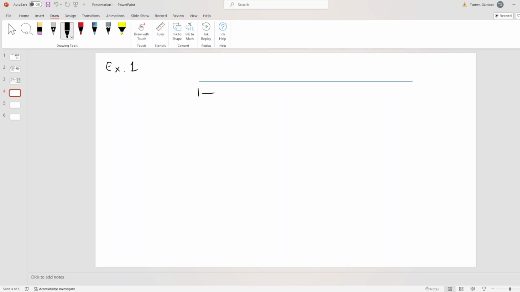And let's say we've measured this to be 47.2 centimeters. And I want to convert 47.2 centimeters into meters.